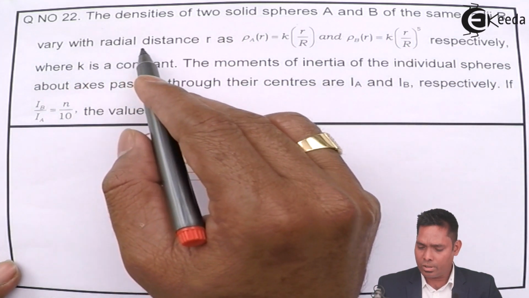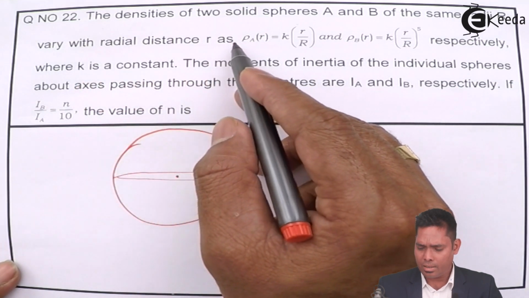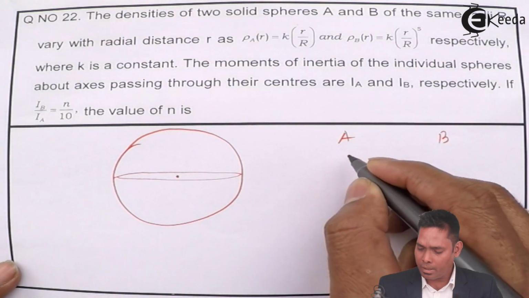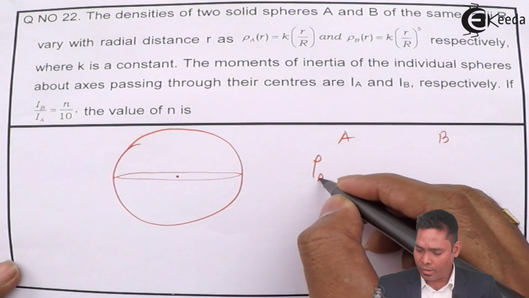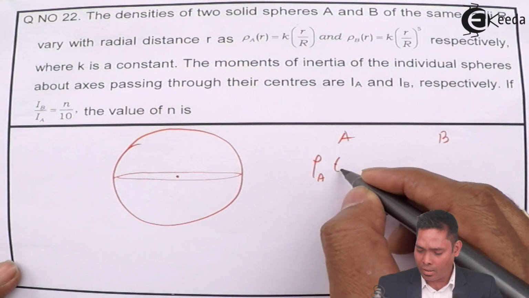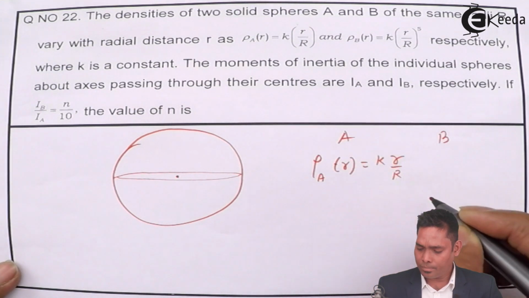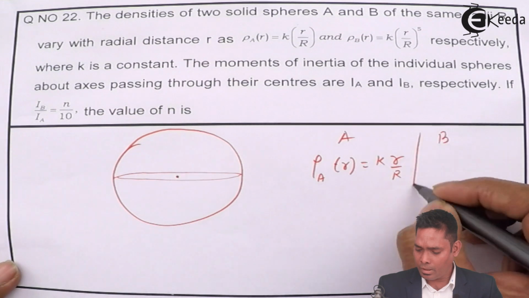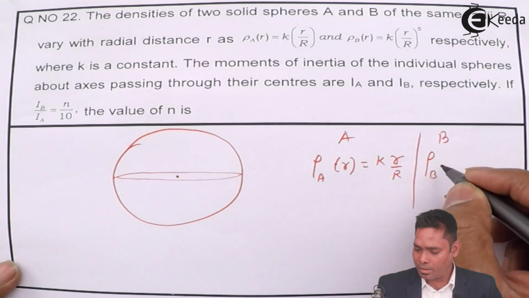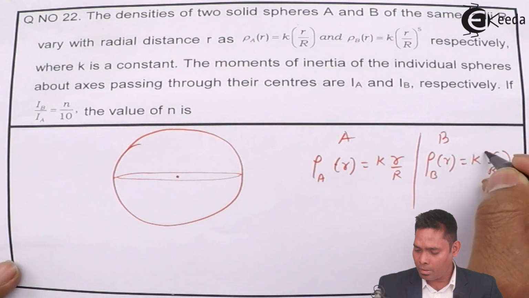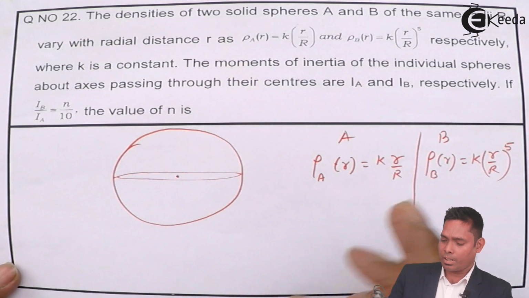The density varies with the radial distance r as follows. For A, the density as a function of r is given as k r over R, and for B, the density as a function of r is k r over R to the power 5 respectively.